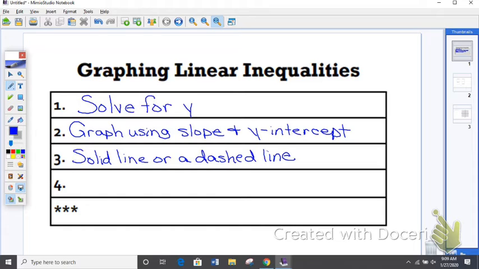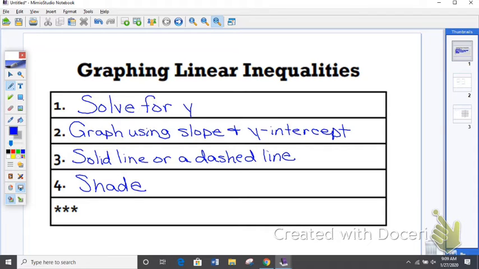The graphing that we've always done with the equations, we've always used a solid line. We're going to talk about when we might use a dashed line. And then because we're working with a linear inequality, we are going to be shading on one side of the line. And again, here in a minute, we'll look at how we determine that.